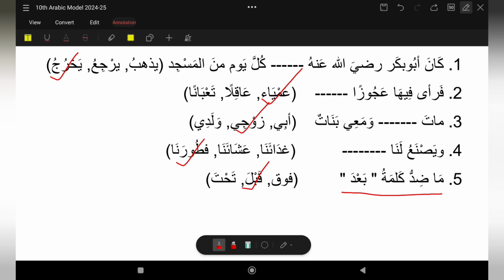That is not in the paragraph; you should know it. Liddu means opposite. So what is the opposite word of ba'da? Ba'da means after, so its opposite word is qabla, before.